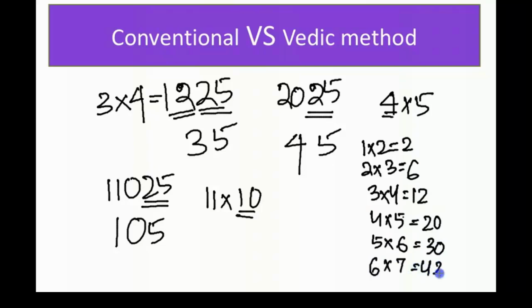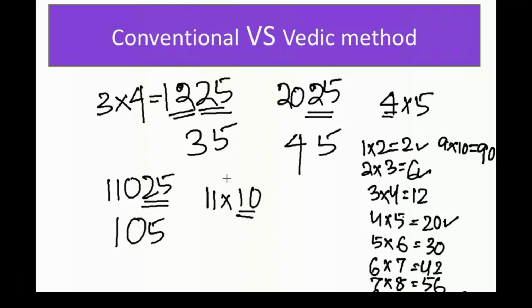Here you should think a little. As soon as you see 25 on this side, put 5 here. Next, for the remaining number 12, try to find two consecutive numbers that multiply to give it. Yes, it is 3 into 4, which is 12. So put 3 here, that's your square root, 35. Let's take one more, 2025. As soon as you see 25, put 5 here. The next number is 20.